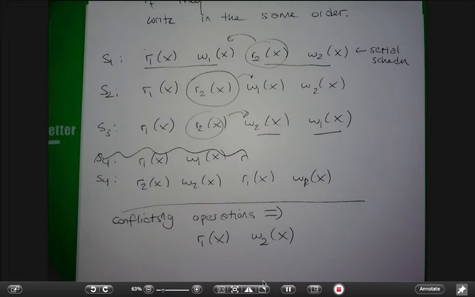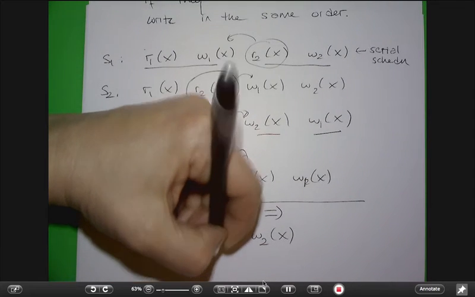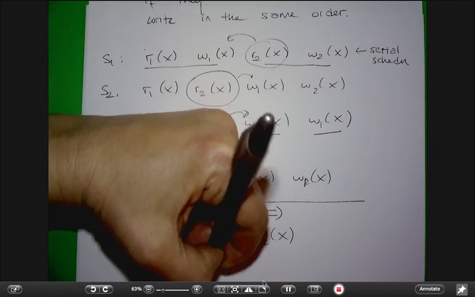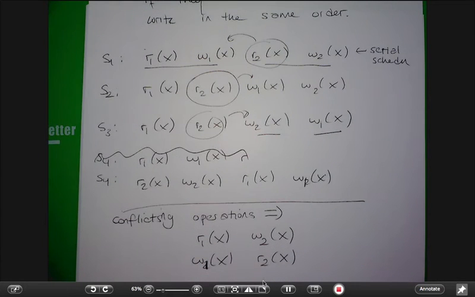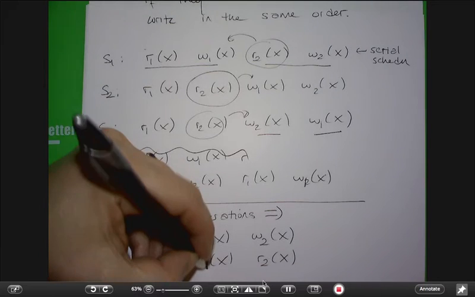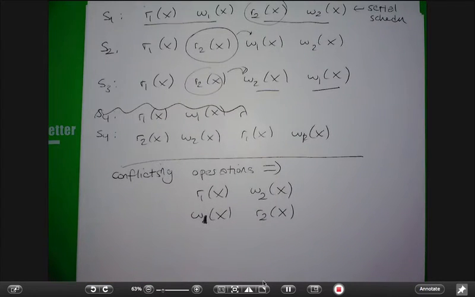So this is a conflict, as well as the reverse. These are conflicting operations, so their ordering matters. Okay? Since their ordering matters, if the ordering is changed in schedules, then they are not guaranteed to have the same result.